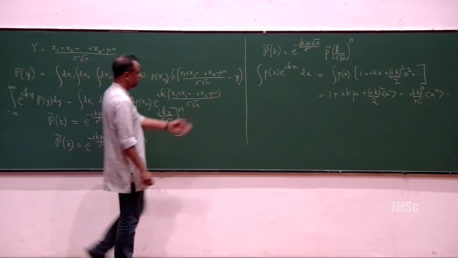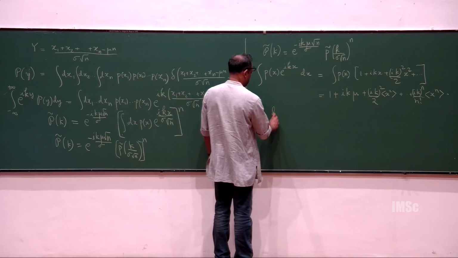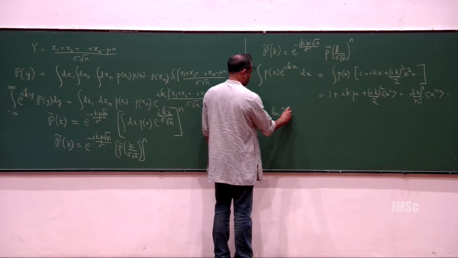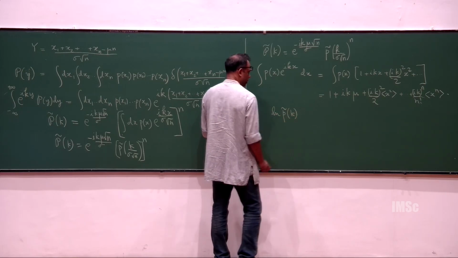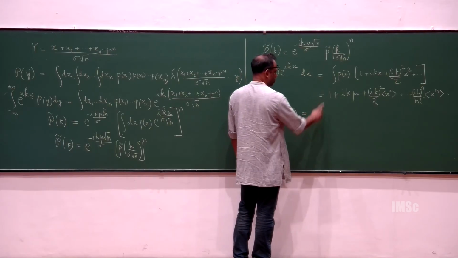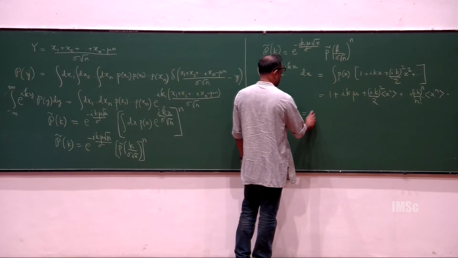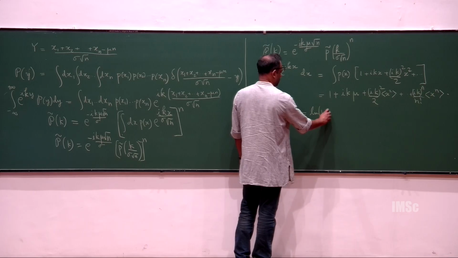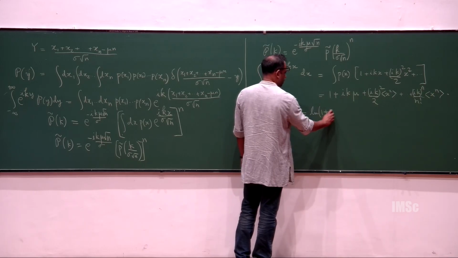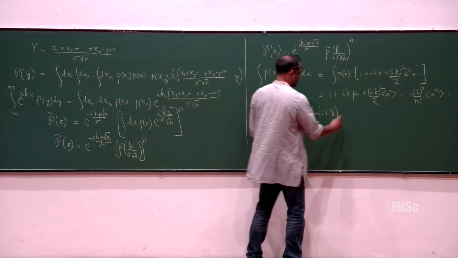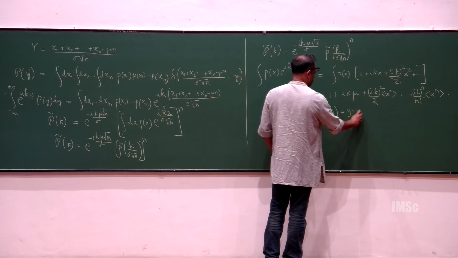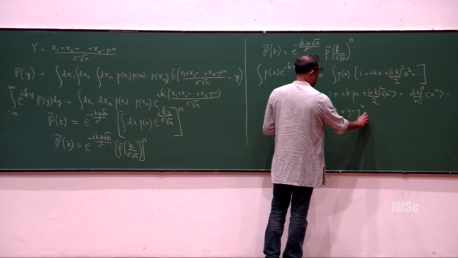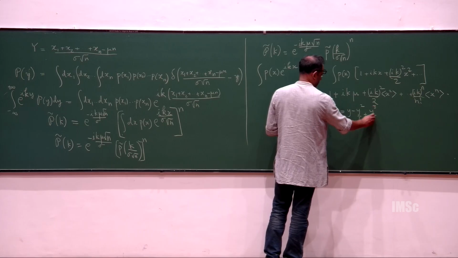And then if I take logarithm of this, so if I take log of p tilde of k, this is equal to log of this whole quantity. So log of 1 plus y, which I Taylor expand as y minus y square by 2. We have been doing this all the time.